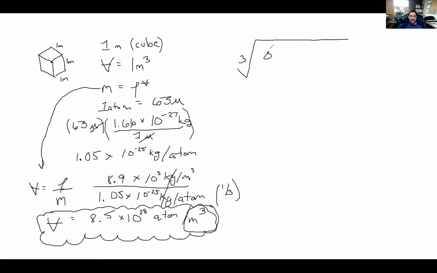So if I take this 8.5 times 10 to the 28th atoms per meter cubed, what we're left with is 4.40 times 10 to the 9th.